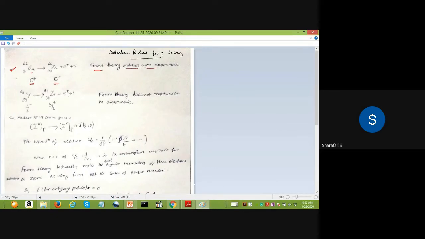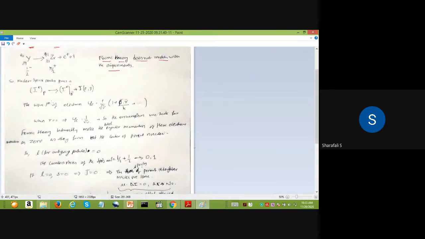So Fermi theory matches with these experiments, but in this case it does not match, because it is not giving you that straight line without that shape function.